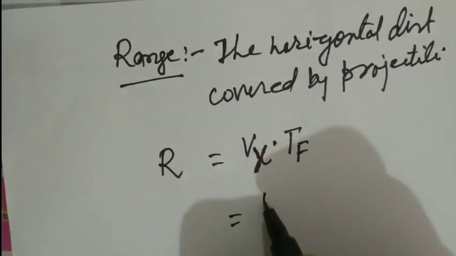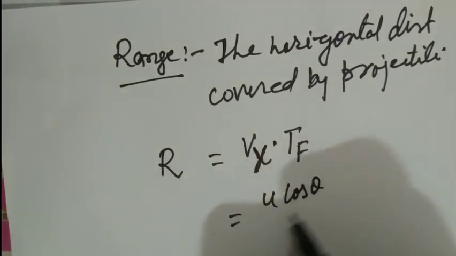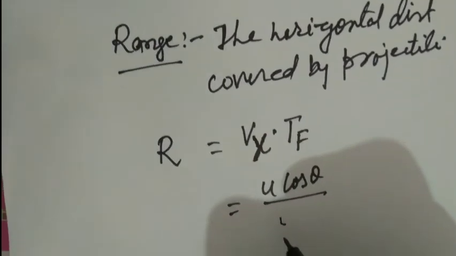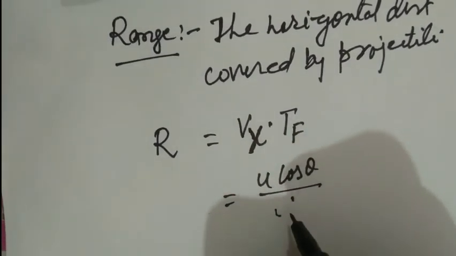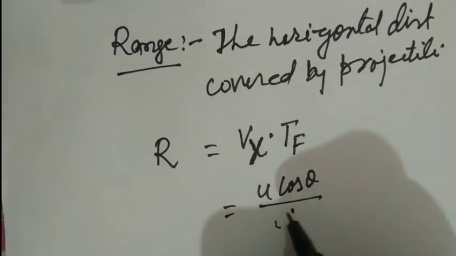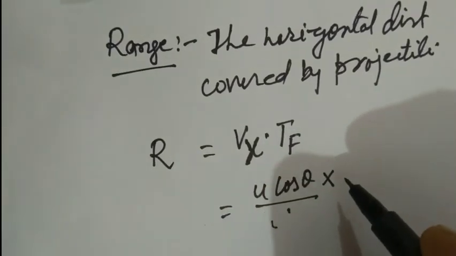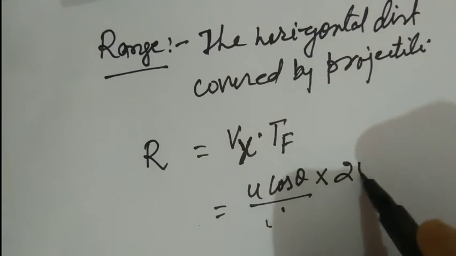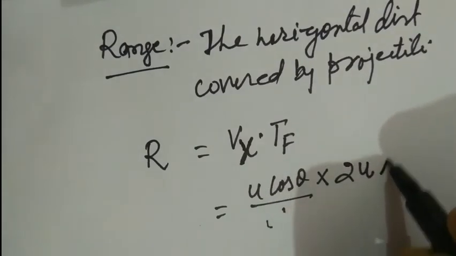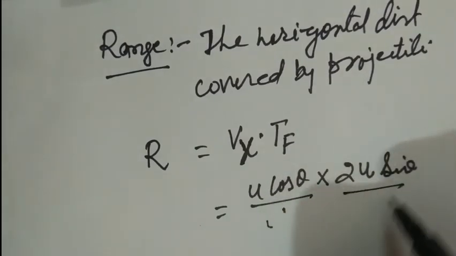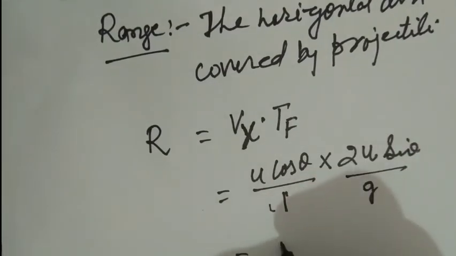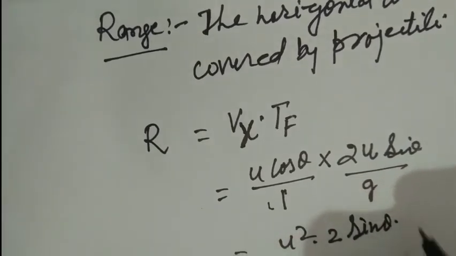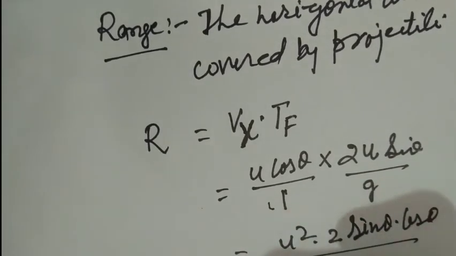Now put the values: u cos theta, the component of velocity along the x-axis, and time of flight is equal to 2u sine theta by g. So we get u square 2 sine theta cos theta by g.